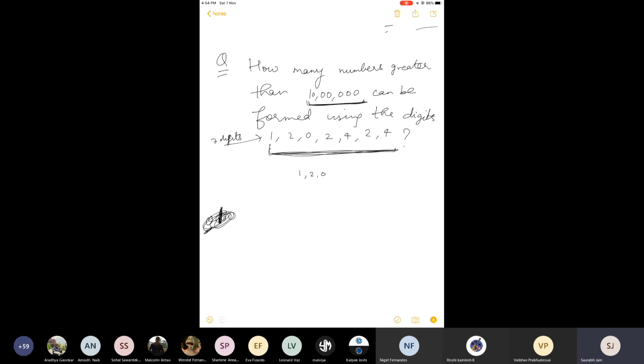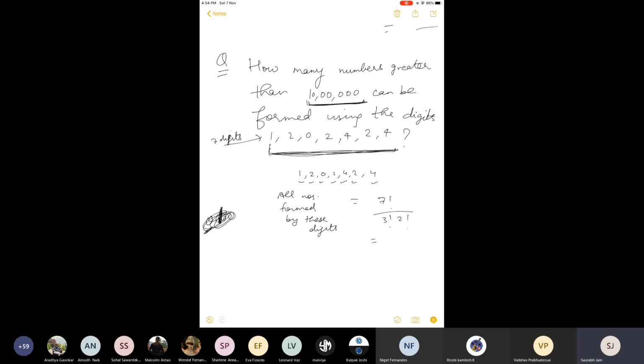So the digits are 1, 2, 0, 2, 4, 2, 4. Let us write all numbers formed by these digits. All numbers formed by these digits will be how many? There are 7 digits, so 7 factorial upon, there are 3 2's and 2 4's, so 3 factorial, 2 factorial.